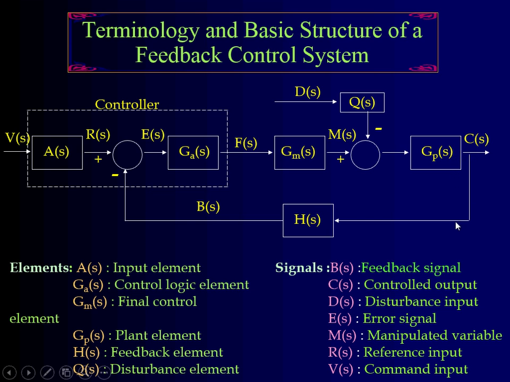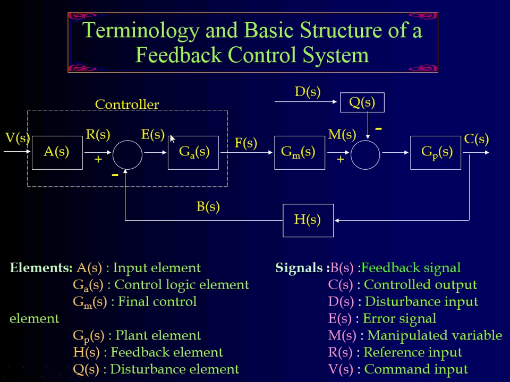If you measure the variable of interest and you put it through a feedback loop, that variable is compared with this reference, and the difference between these two produces an error.